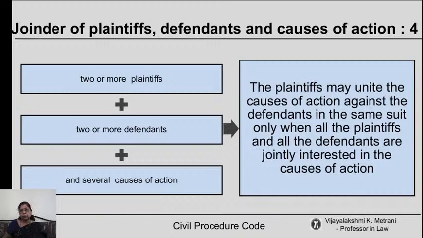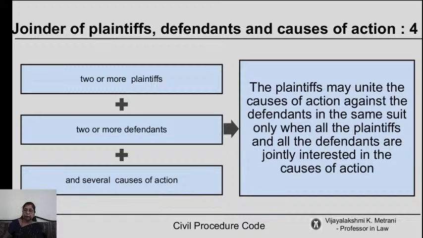Then the plaintiffs may unite the causes of action against the defendants in the same suit only when all the plaintiffs and defendants are jointly interested in the causes of action. This happens when, suppose there is an assault or there is a rally. At that time many people are injured.